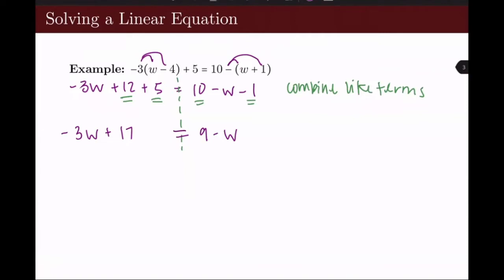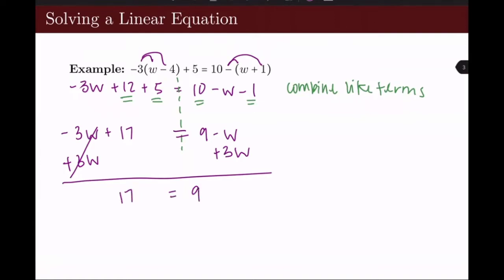Now we can move things back and forth around this equal sign. So what I'm going to do first is add 3w. I like to add large negative numbers because I don't like negative numbers. You can also add the w. So now here we have a negative w plus 3w. So you can think of that as negative 1w plus 3w, right?